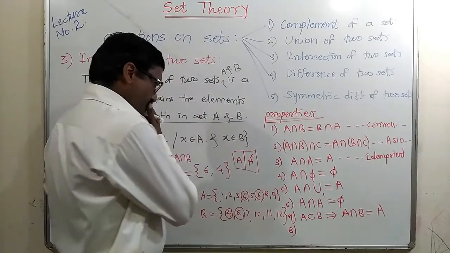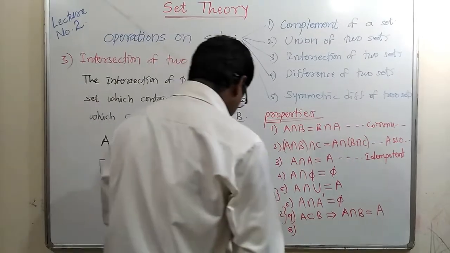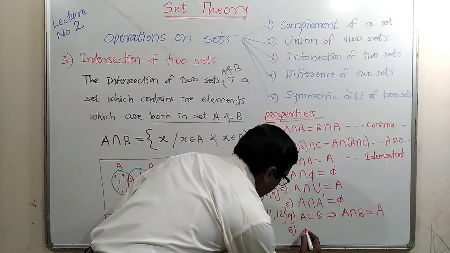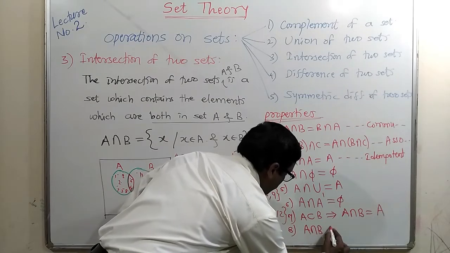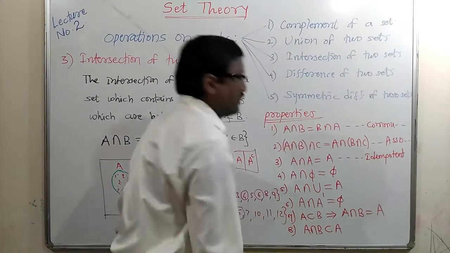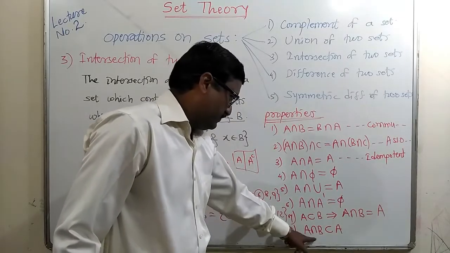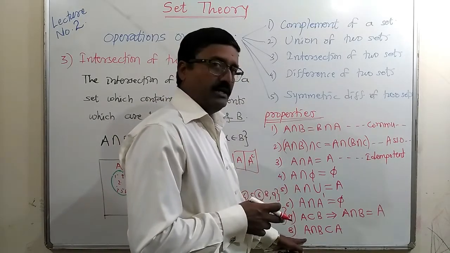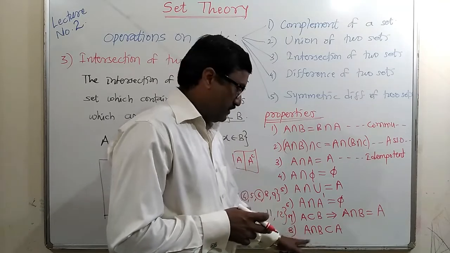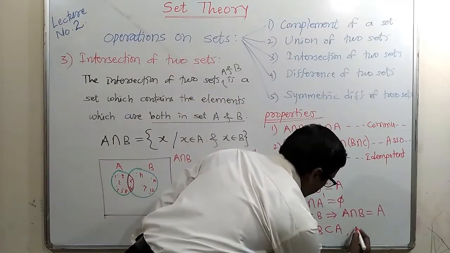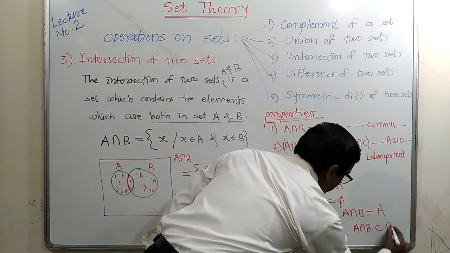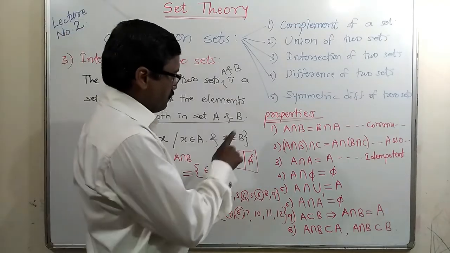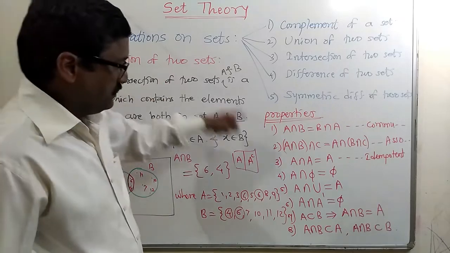And next one is, if A intersection B, it is always a subset of A, because in these two we find the common elements which are both in A and B. So those common elements belong to A and also B. So A intersection B is a subset of A, also A intersection B is a subset of B. Okay, so these are 8 important properties related to intersection of two sets.